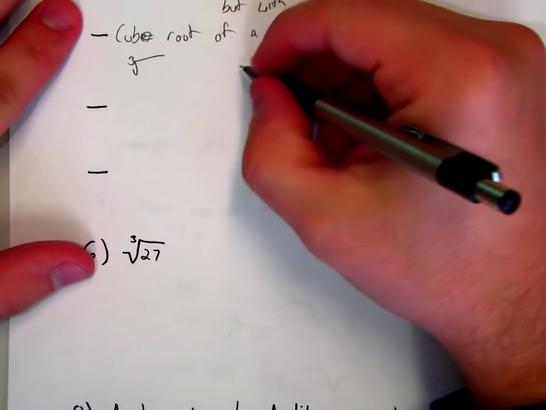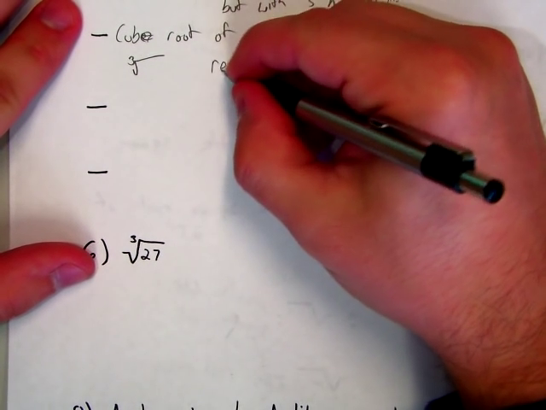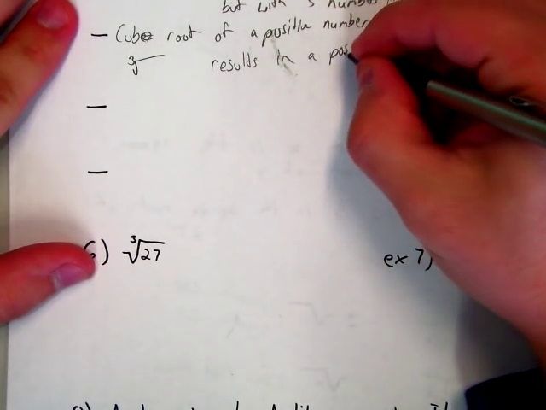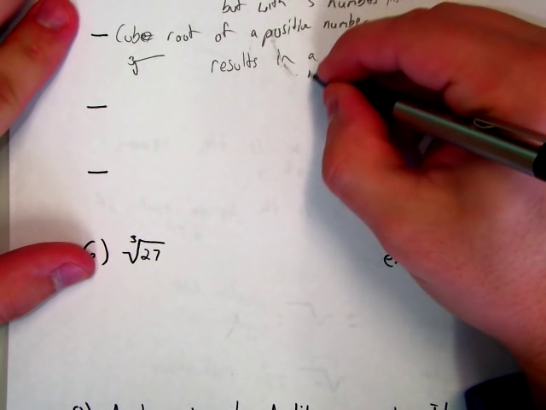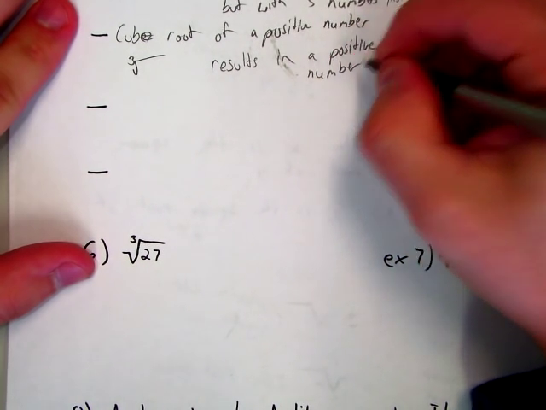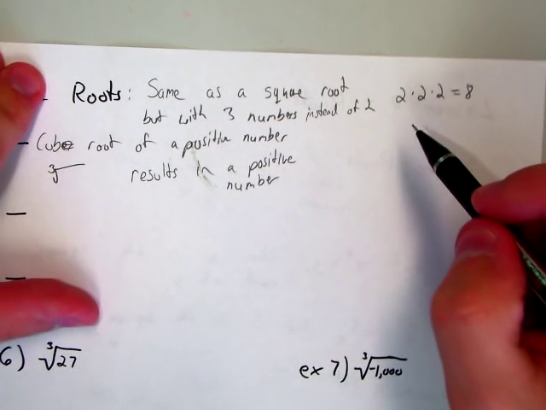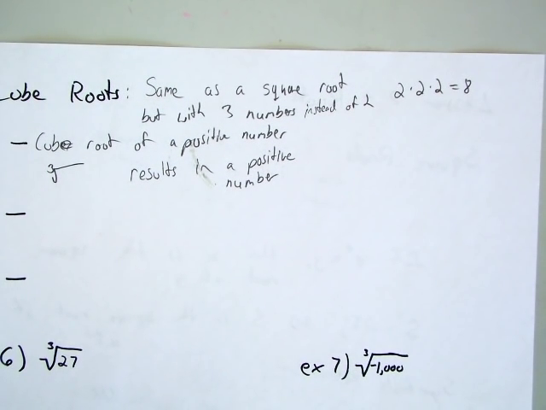So the cube root of a positive number results in a positive number, which should make sense because with the cube root, we're talking about 3 numbers multiplied together. That's an odd number of numbers. So the only way we can get a positive number by multiplying an odd number of numbers together is if they're all positive.